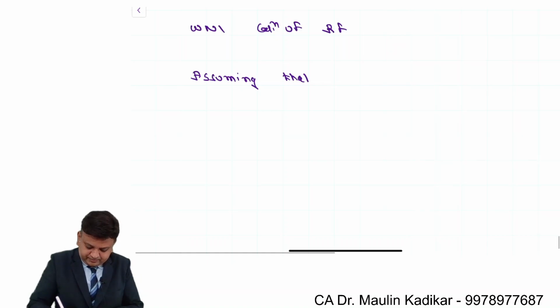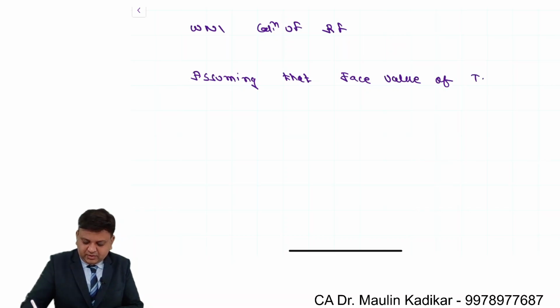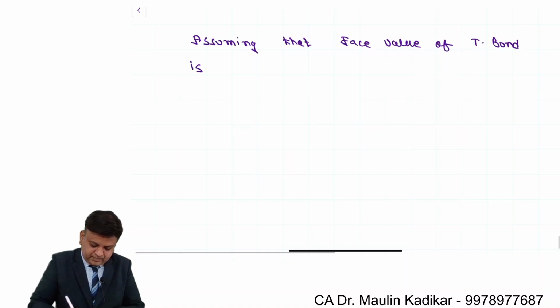Assuming that the face value of the T bond is rupees 100, RF is calculated.